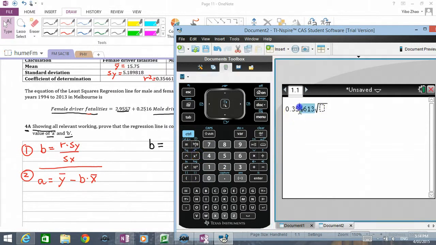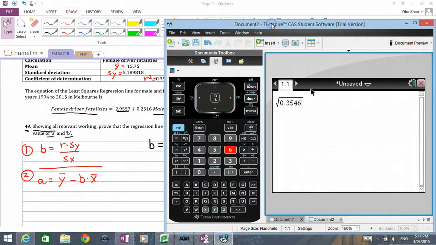I did it wrong, so I delete it. Control square root, 0.354613, press enter. It's going to be 0.5955.